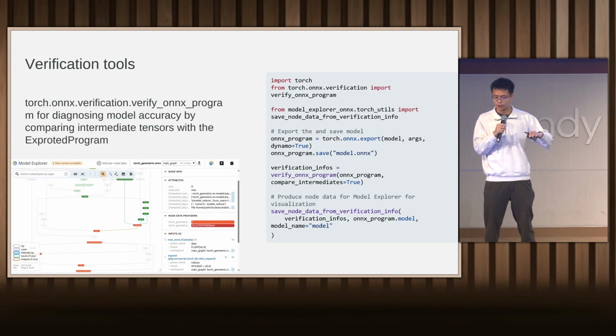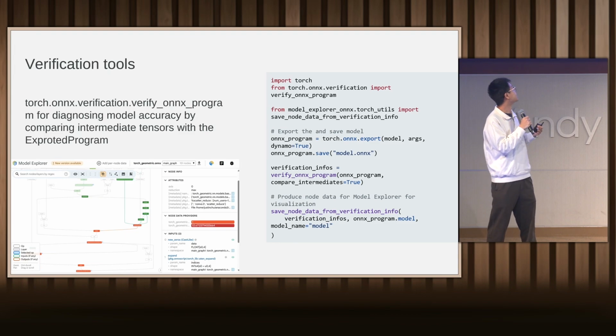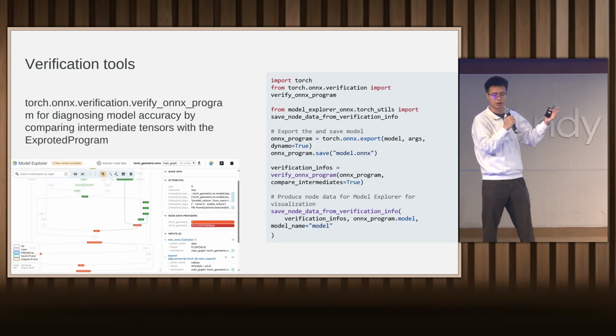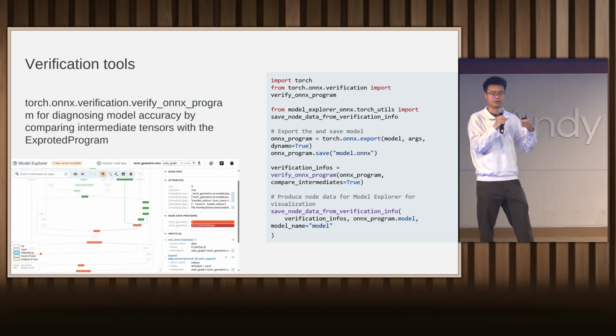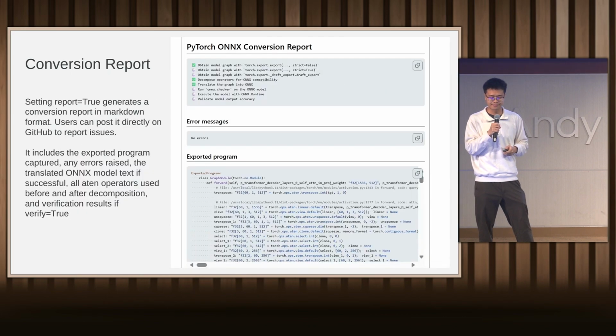With Model Explorer and the Model Explorer ONNX plugin, we're able to visualize that result as well. You can see all the green nodes are where we find the discrepancy to be very small or zero. And the orange and red nodes just mean that a discrepancy is happening, and that makes it very easy for you to dig in and understand what's going on there.